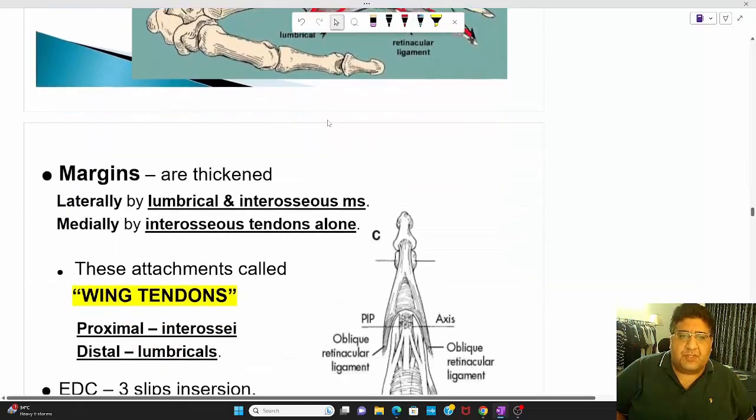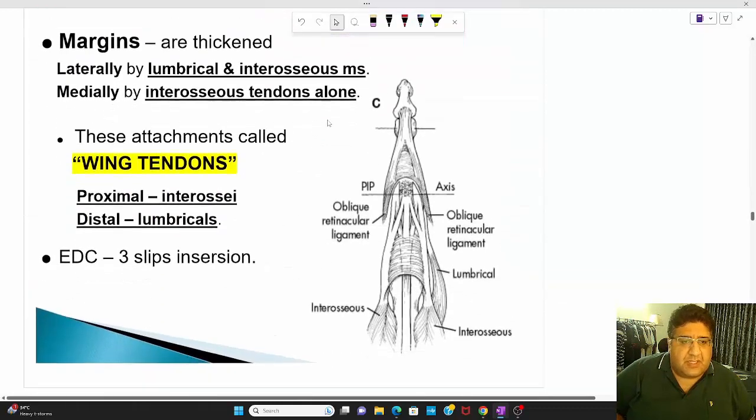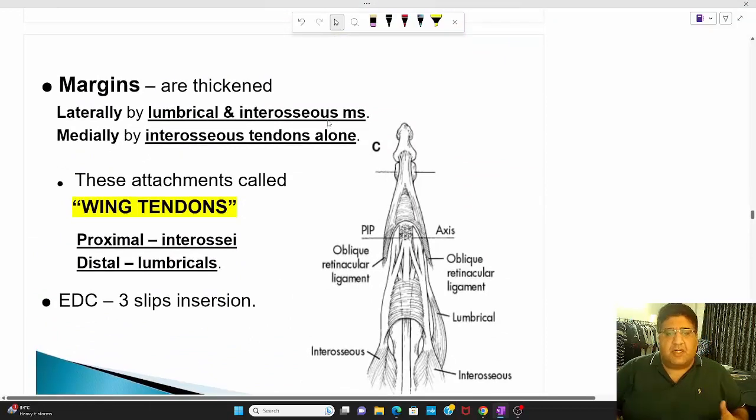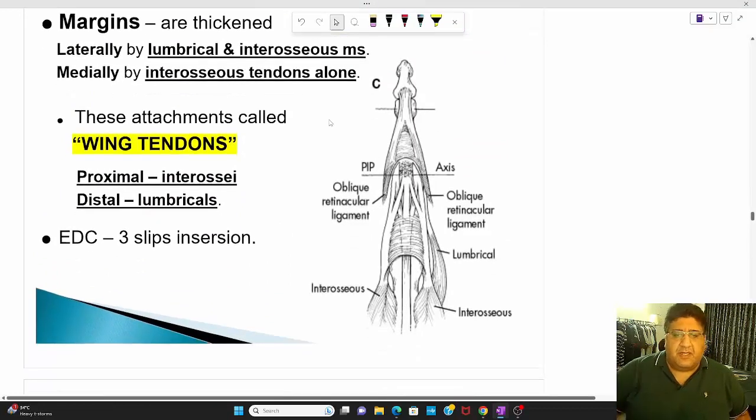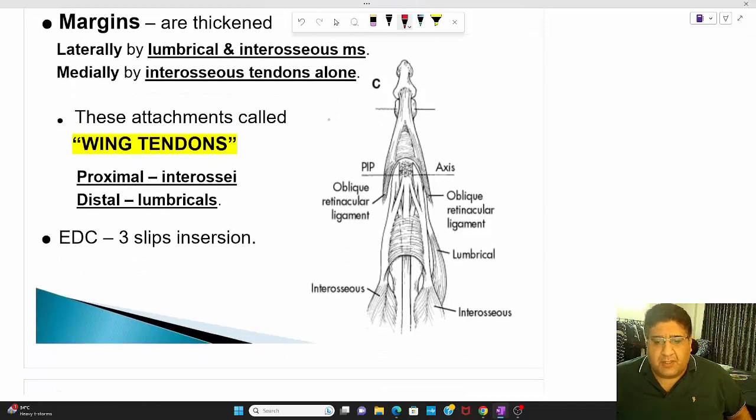Chalo. Now, this is something which I have already mentioned, but I want you to understand what is called the wing tendon. See, the wing tendon is very simple. देखना सामने, ये EDC है, no confusion. ये dorsal hood है, इसमें भी कोई कन्फ्यूजन नहीं है. सेंट्रल स्लिप, टर्मिनल स्लिप बहुत बार बात होगी, अब नहीं करेंगे उसके बारे में बात. ठीक है, अब इंपॉर्टेंट पॉइंट क्या है? इंपॉर्टेंट पॉइंट ये है, सुनिएगा.